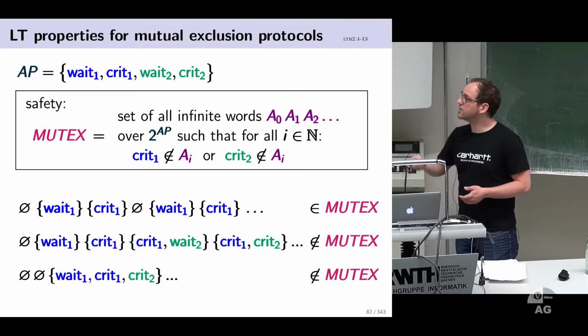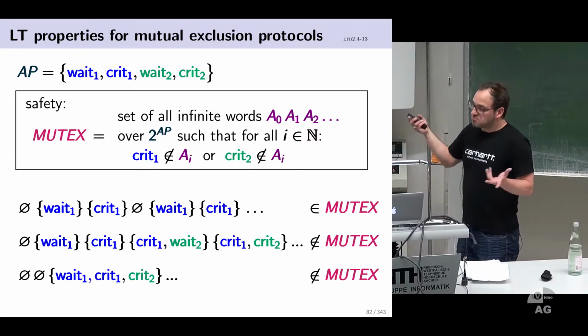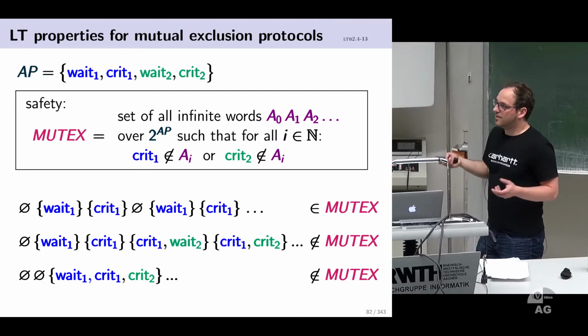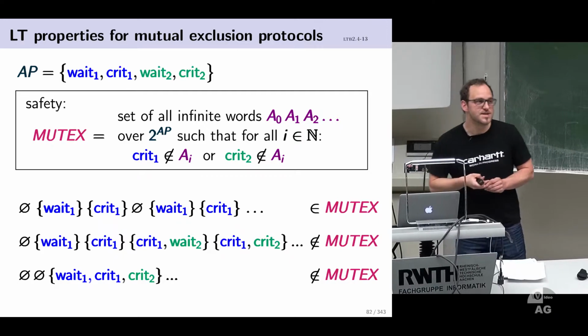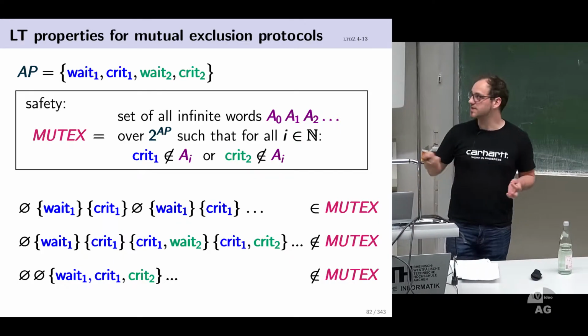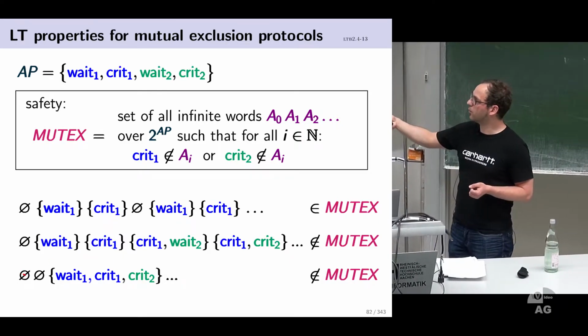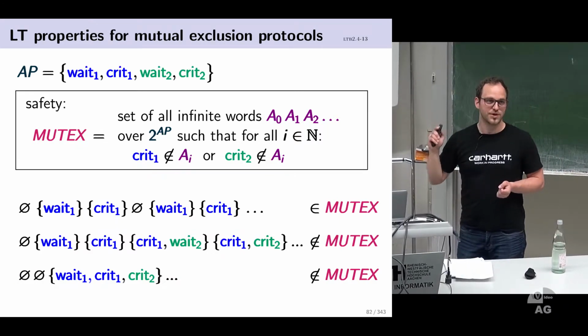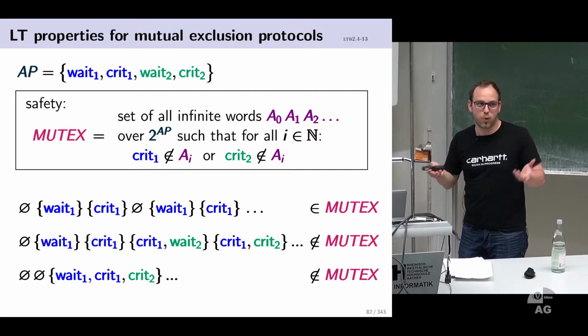And finally, I want to remark that the words that are contained in this property don't necessarily need to make sense for your transition system. So for example, we could look at the following word: empty set, wait 1, crit 2. You could say, well, what's this word about?